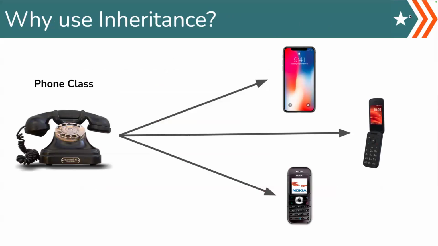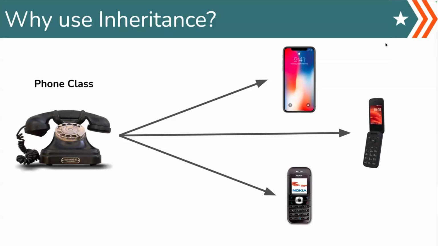So, the basic idea, I think, is simple, right? Like a child stereotypically inherits the qualities of their parents. We'll see how to write this code in a minute. But the basic idea is I can write a phone class and every phone should be able to make a call.